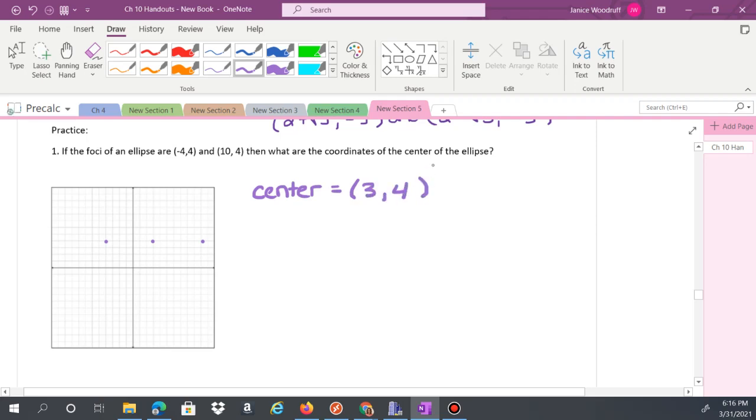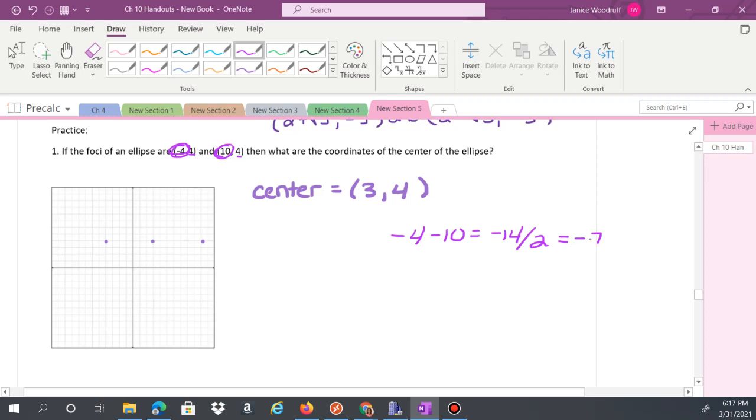For me, it's much easier to do visually, but if you wanted to do it algebraically, you would look at this and say, okay, the y values are the same, which means it's horizontal. Since these are the same, you find the difference. -4 minus 10 would give you -14. Divide by 2 gives you -7. The signs aren't really going to matter.